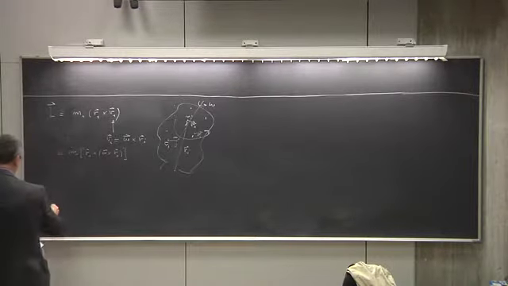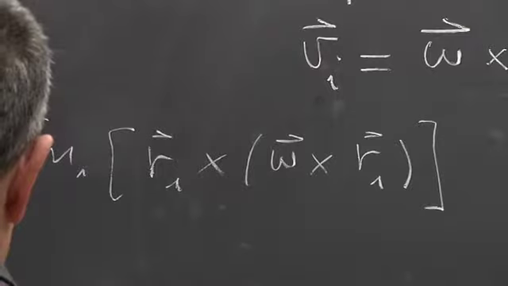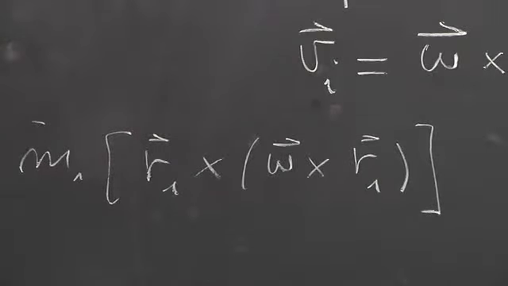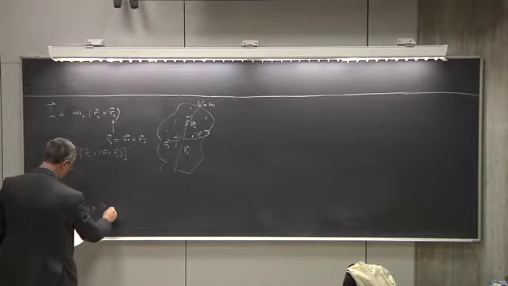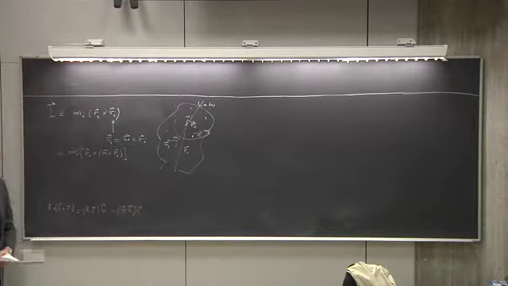And you remember that if you have three vectors, A, B, C, you have A cross B cross C. Do you remember what that is? Yeah, (A dot C) in the direction B minus (A dot B) vector C, right?